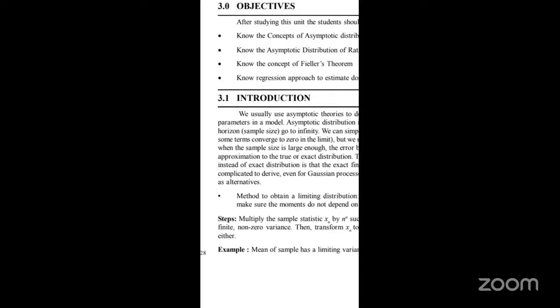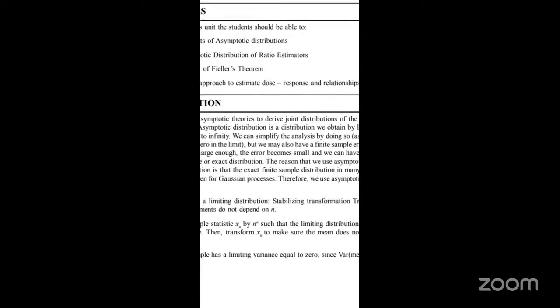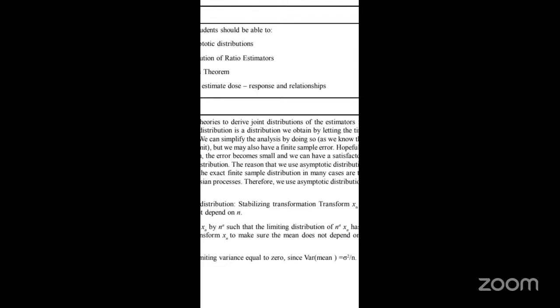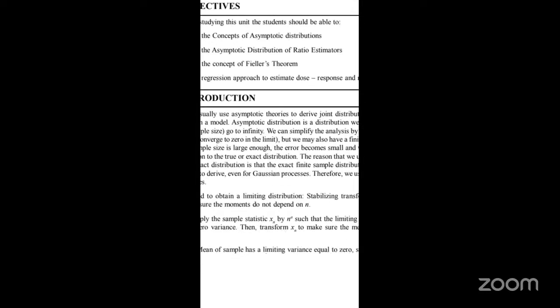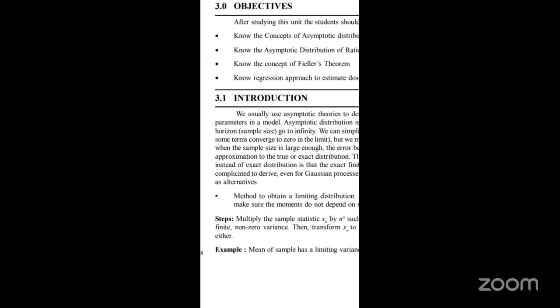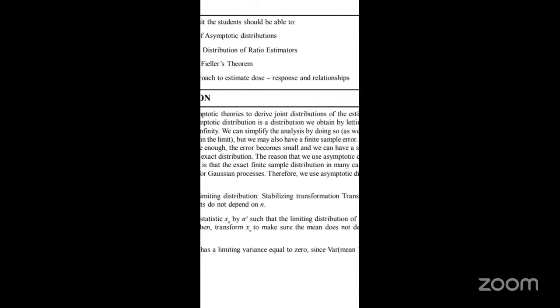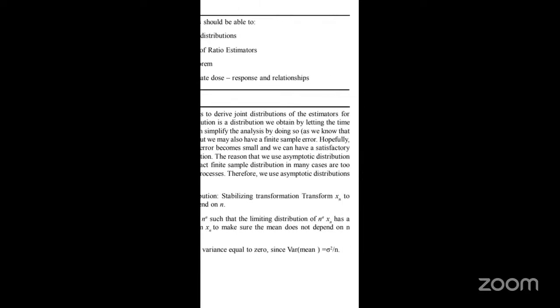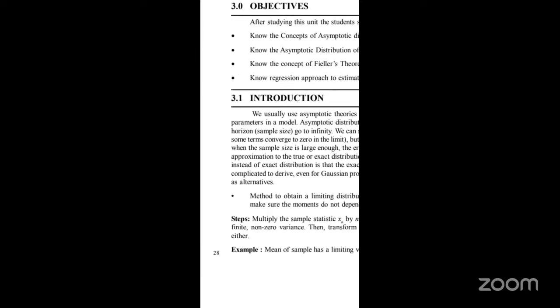Then transform Xn to make sure the mean does not depend on n. The mean of the sample has a limiting variance equal to 0, since the variance of the mean X bar is sigma square by n. So the mean does not depend on sample size.